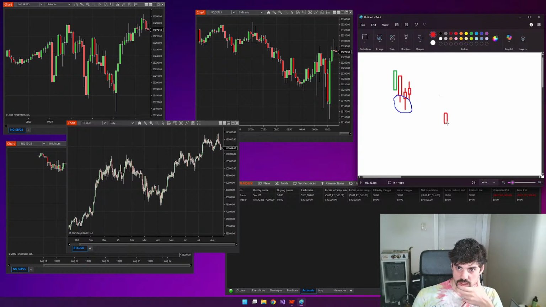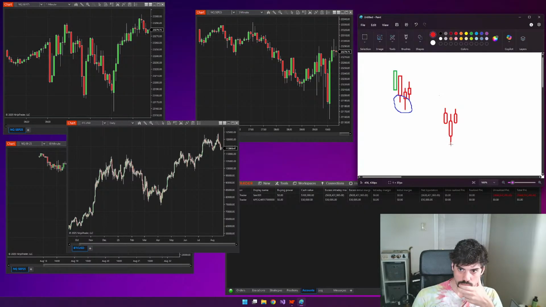Yeah, so if you get this shape also, if you get this shape and the trend of the market, so you have the daily move, or, I don't know, whatever moving average is.